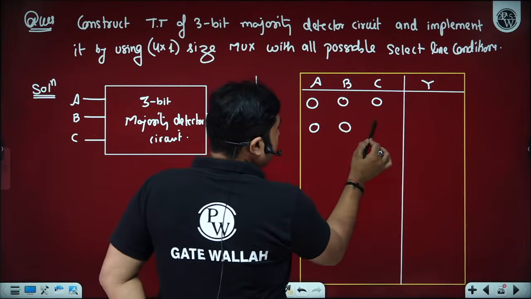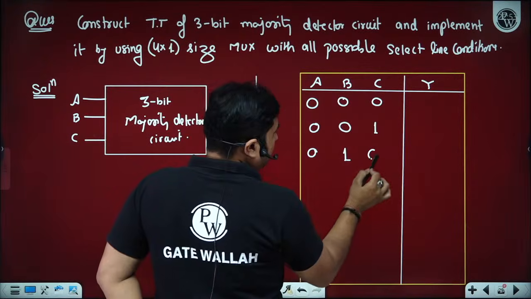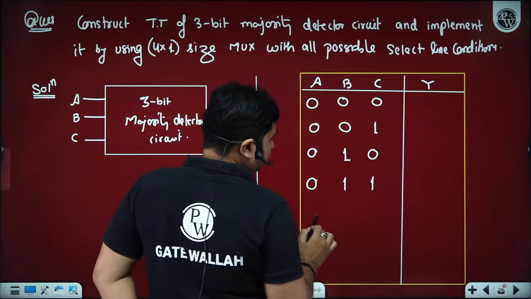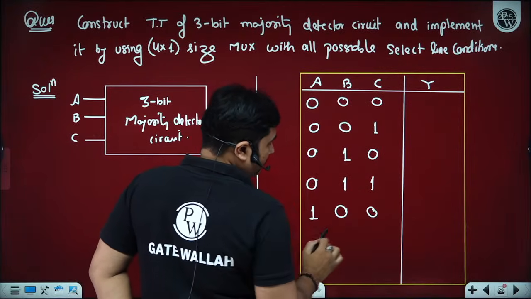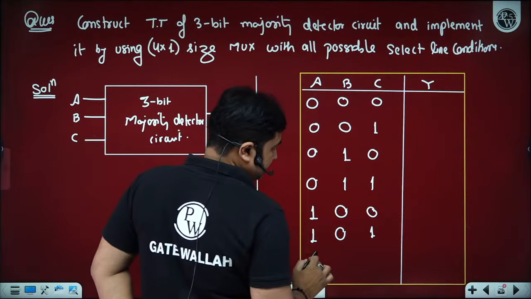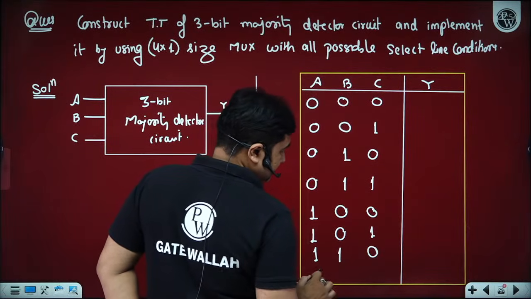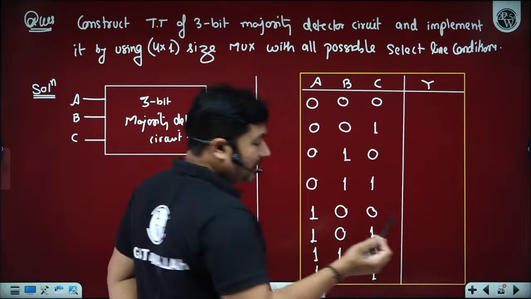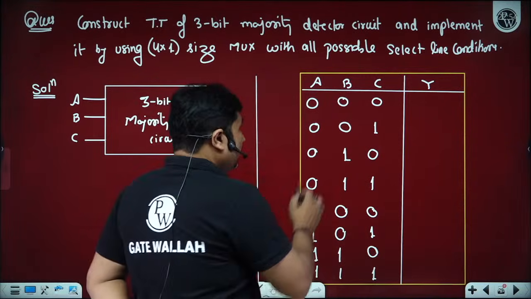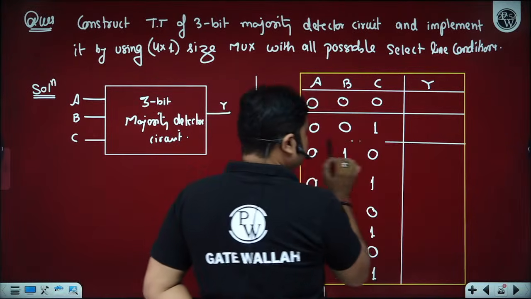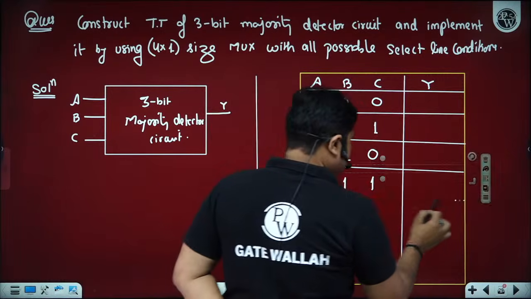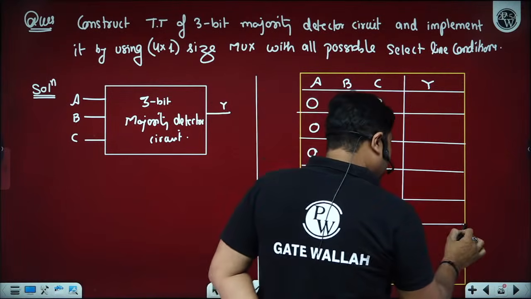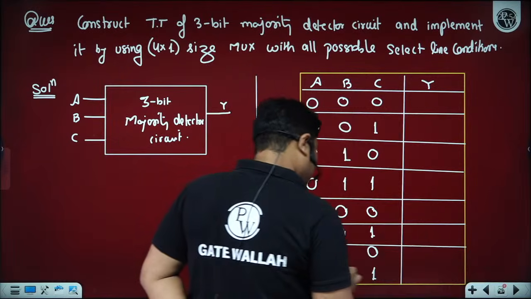Any one of them is high, any 2 of them are high, or all are high. Please see, beta ji, and today only you can do any question based on the multiplexer.